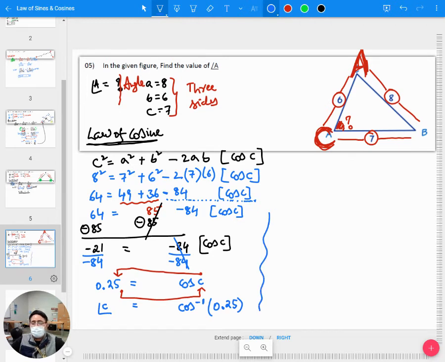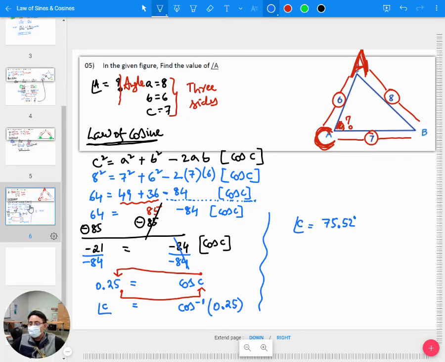You may make use of the Desmos graphing calculator online, but I'm using my TI-84 calculator. Second cos 0.25 equals 75.52. So angle C equals 75.52 degrees. Okay. Questions on this? You may type in the chat box.